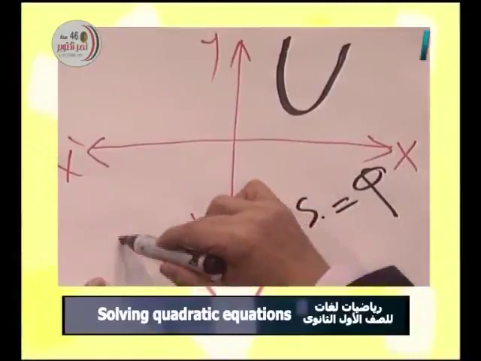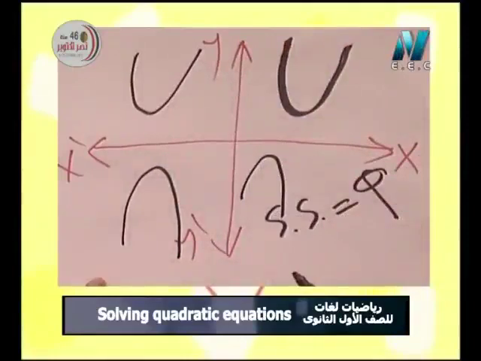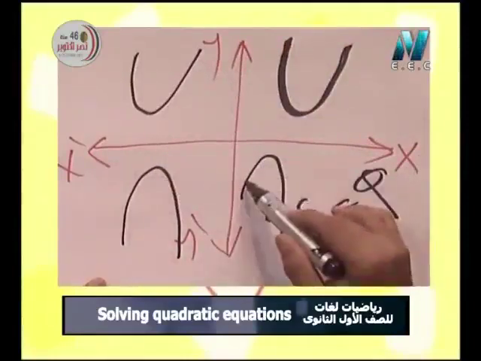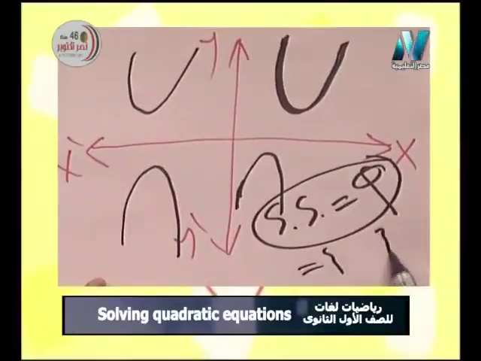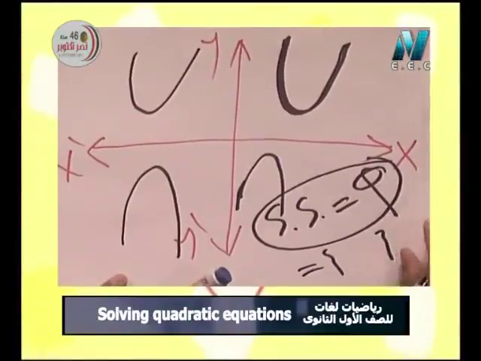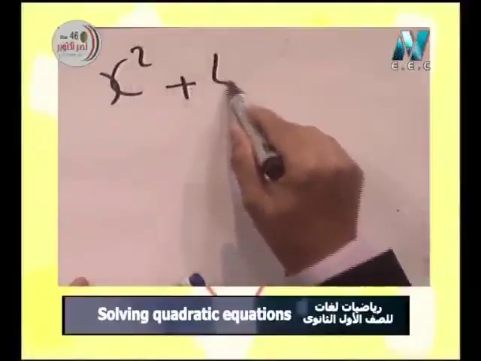If the parabola is also drawn like that or like that or like that and doesn't intersect the x-axis at any point, the solution set will be phi. Phi means the empty set. There are no numbers that make this equation equal 0. Algebraically, we will find some quadratic equations that have no solution in R. If we try to solve this equation, x power 2 plus 4 equals 0.